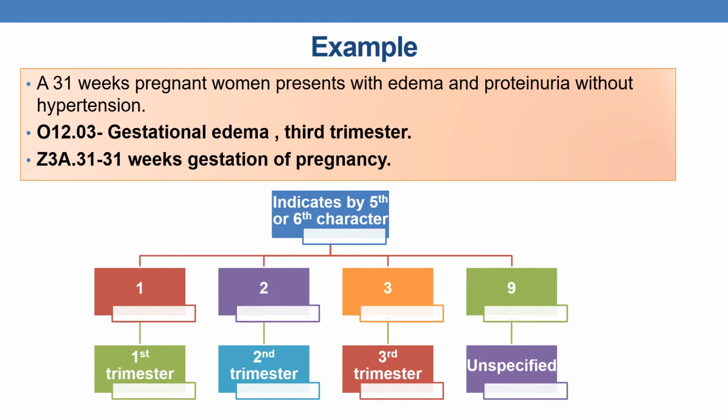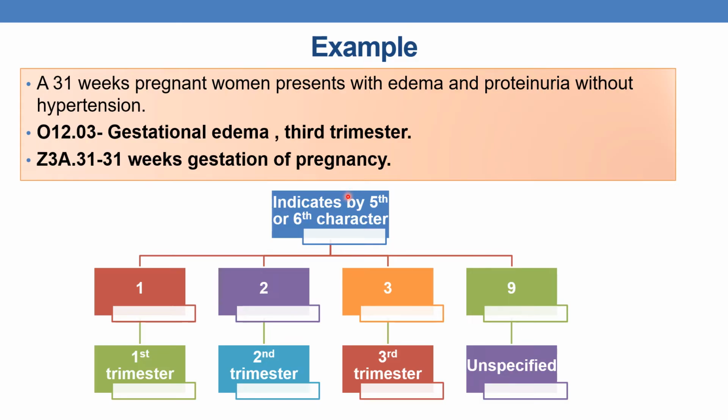So the appropriate code is O12.03, gestational edema, third trimester. And additionally, Z3A.31. It indicates weeks of gestation, 31 weeks of gestation of pregnancy.